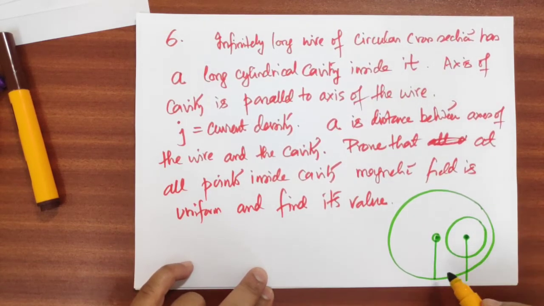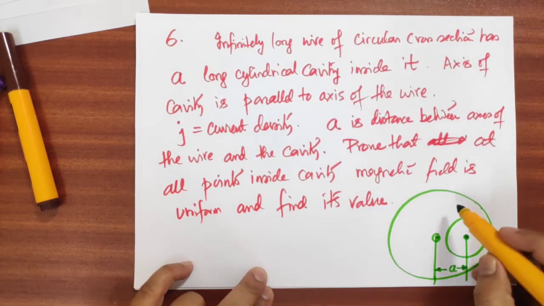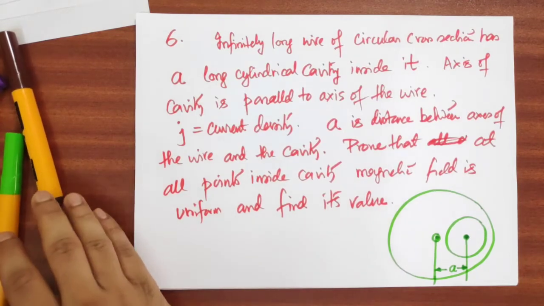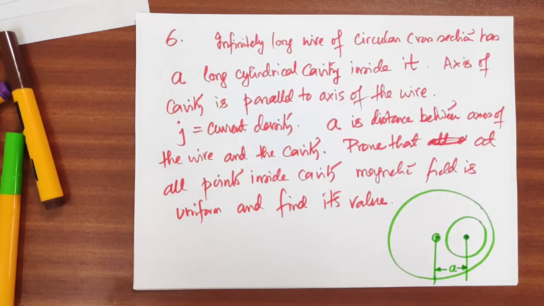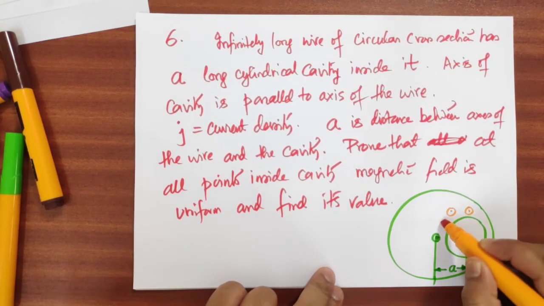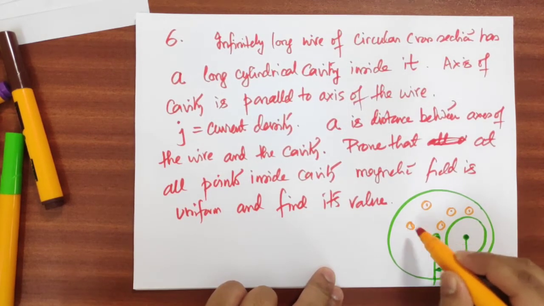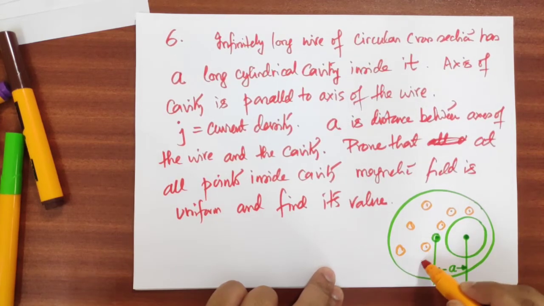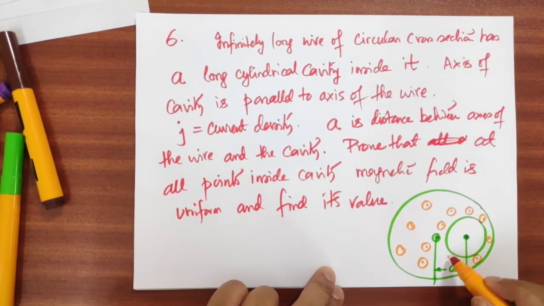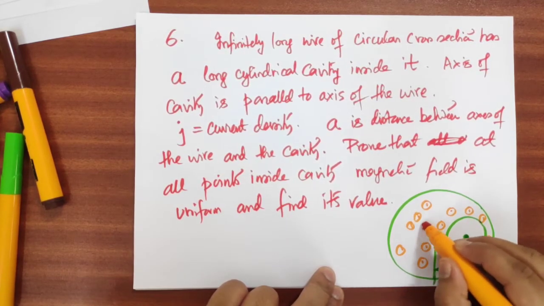Between the axis of the cavity and the wire, this is the distance A, and this is how the current is flowing. So the current density is given as J.